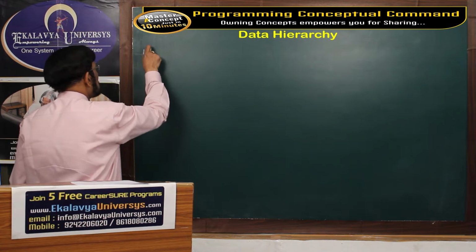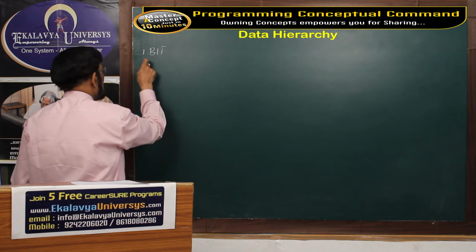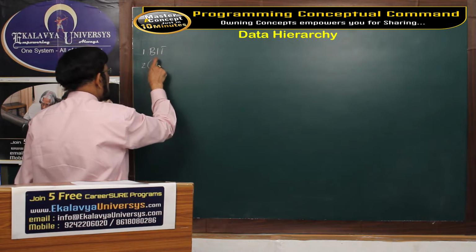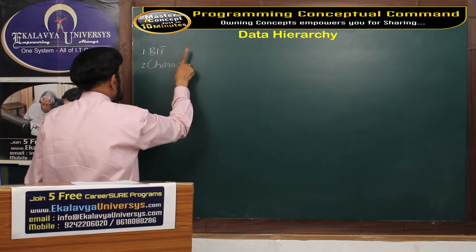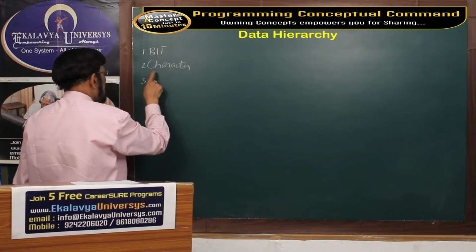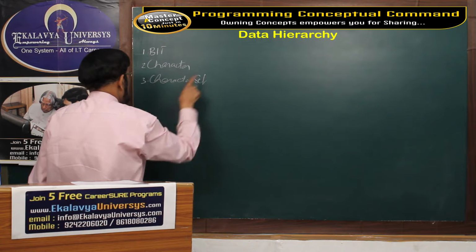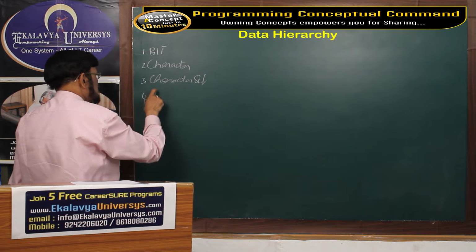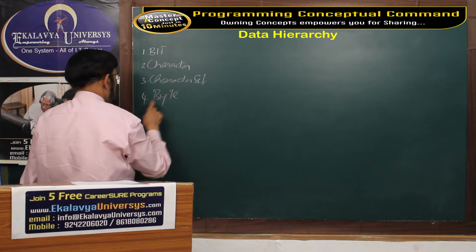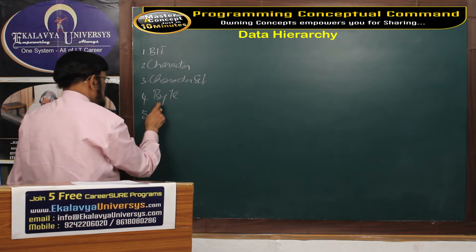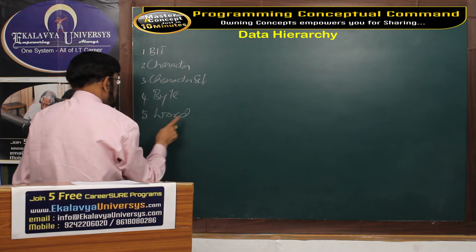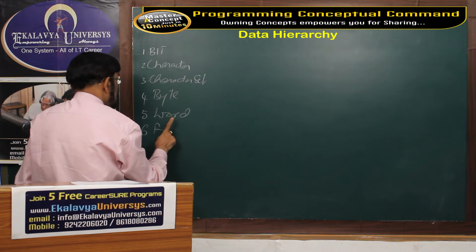The first one is bit. Second one is character. Third one is character set. Fourth one is byte. Fifth one is word. Sixth one is field.